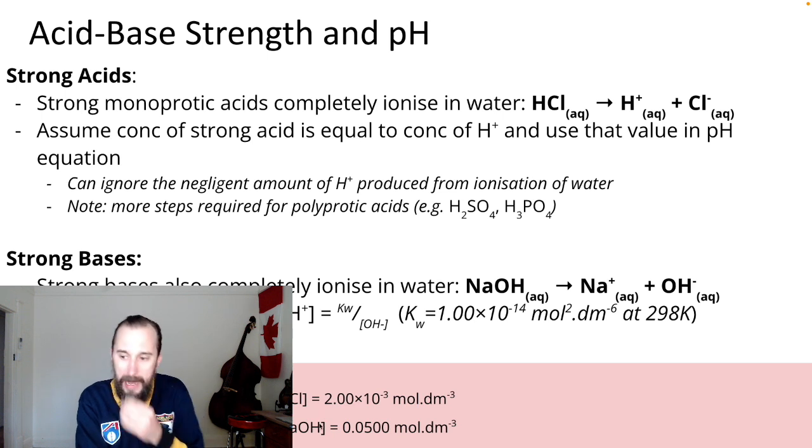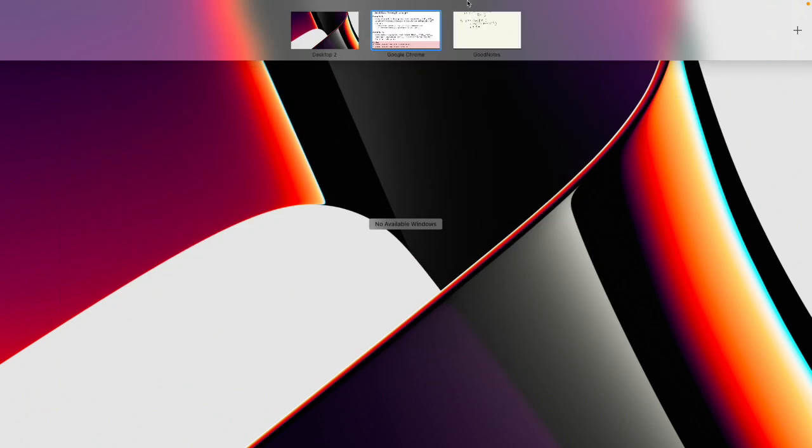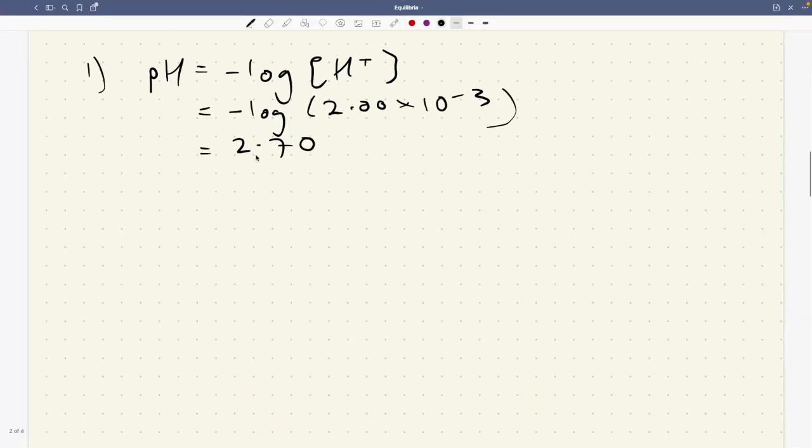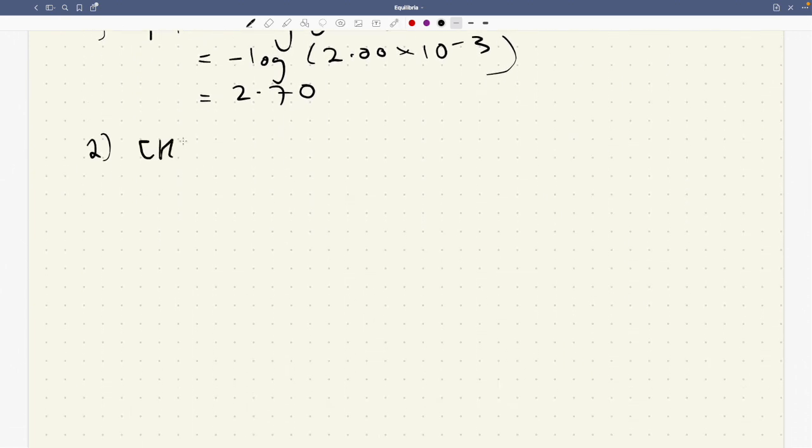Now what about our sodium hydroxide here? Well, we've got to use the bottom method. We've got a strong base, so we first got to get the concentration of the hydroxide ions. So if we rearrange the equation up here, the concentration of H plus is going to be equal to our Kw value divided by our concentration of OH minus.